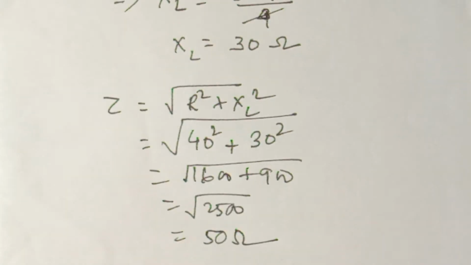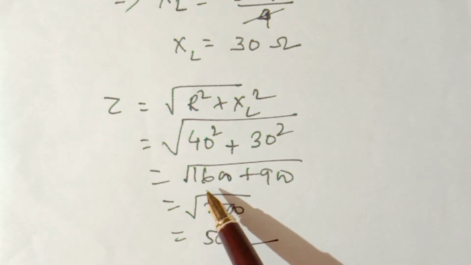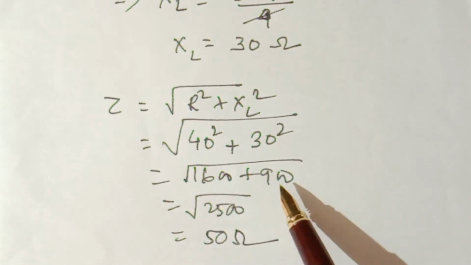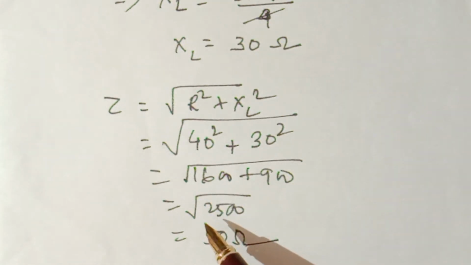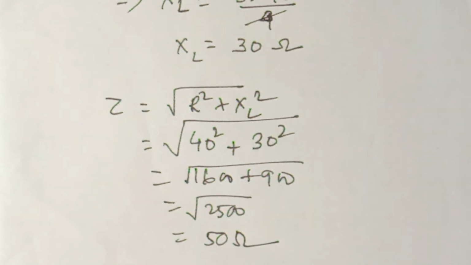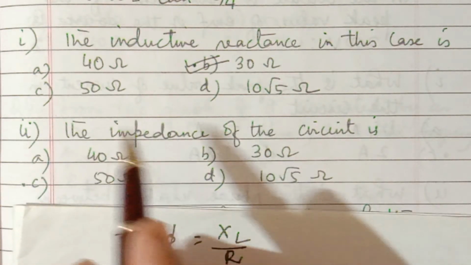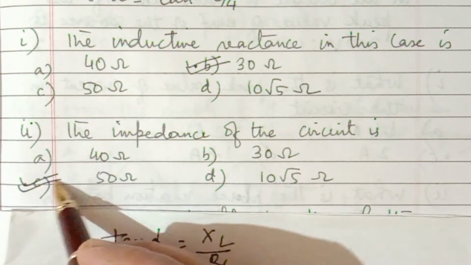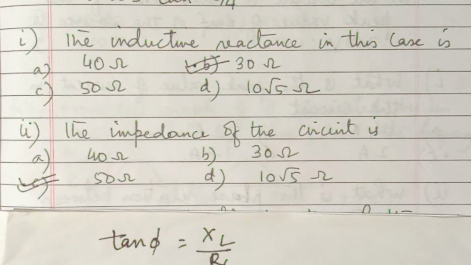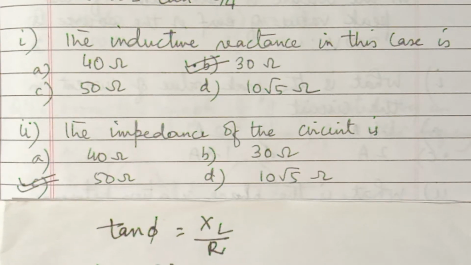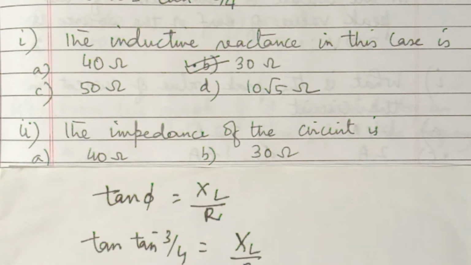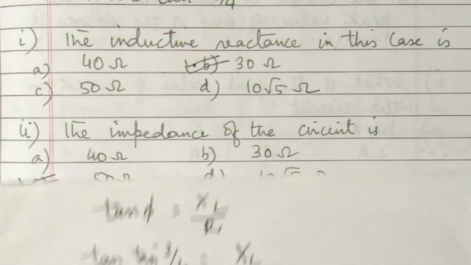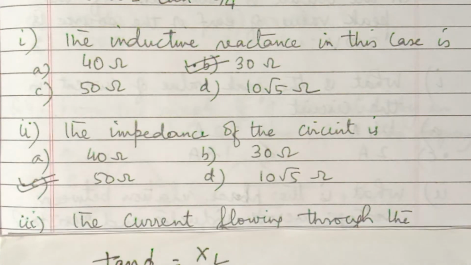By solving we get root over 1600 plus 900 equals root over 2500, which gives 50 ohm. So choose the option 50 ohm. The impedance, the total resistance, is 50 ohm.